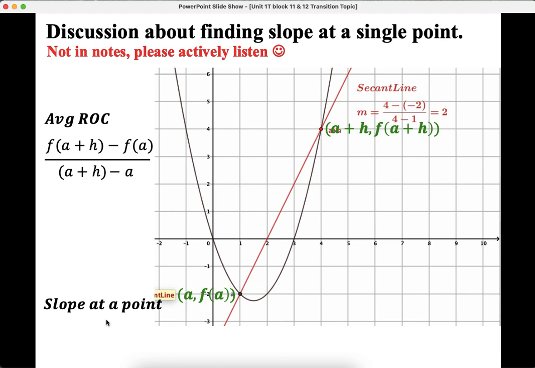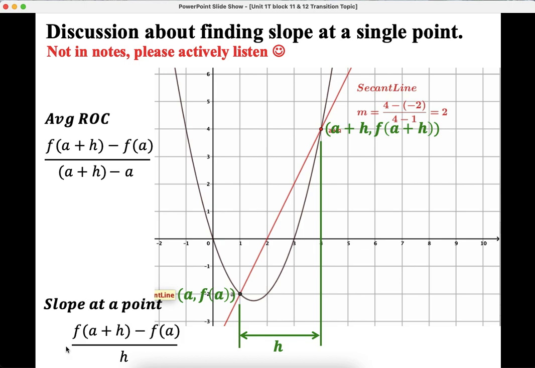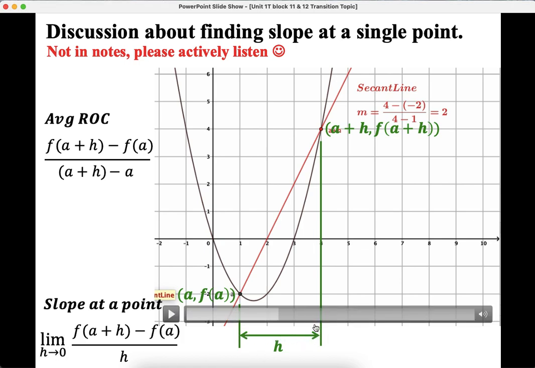And the slope at a point then is taking that average rate of change and taking its limit as this gap h shuts down and goes to 0, right? That's what's happening here. H is right here, that's the width between the points.